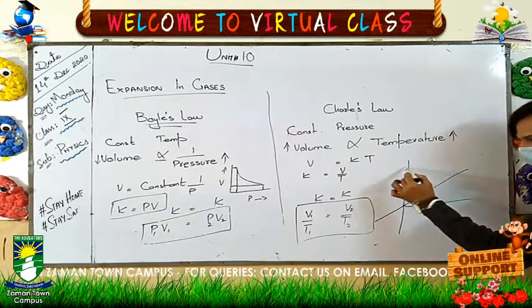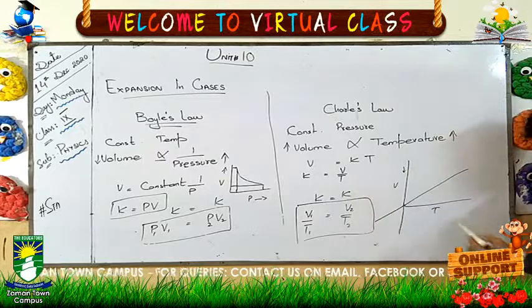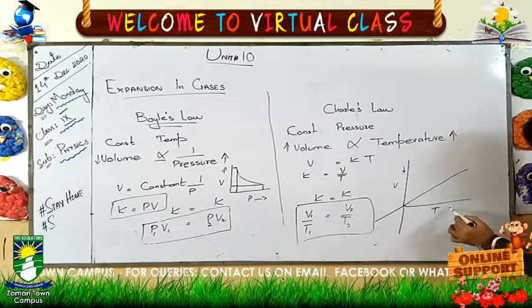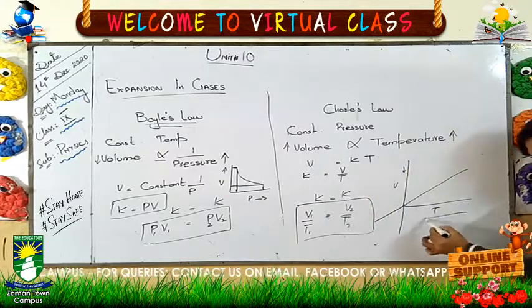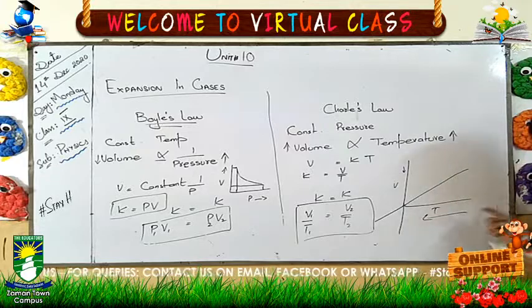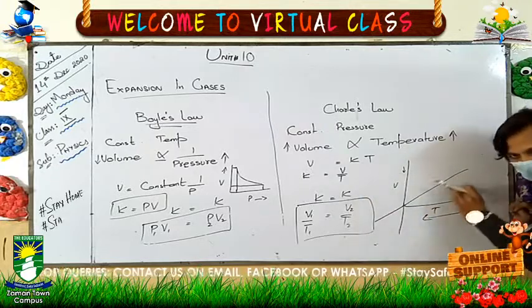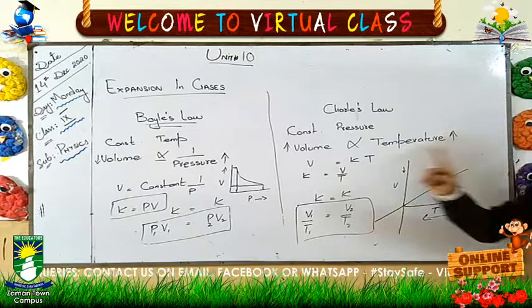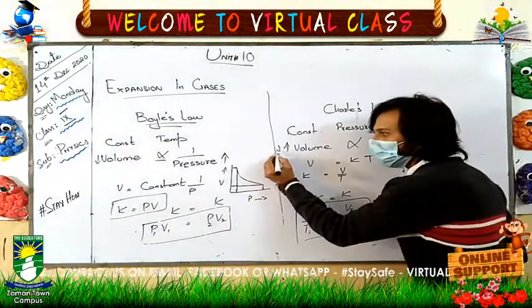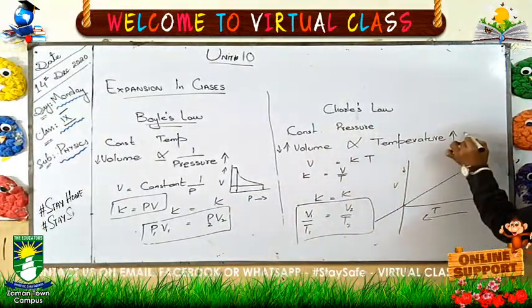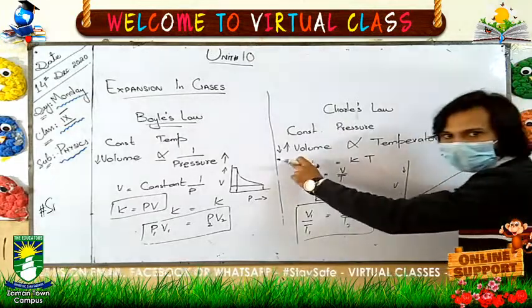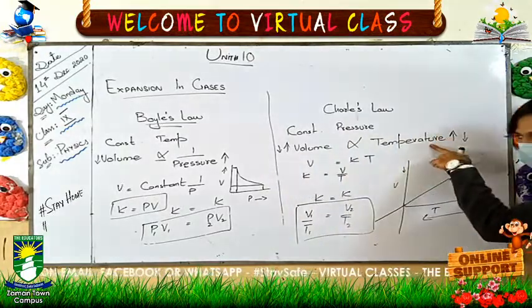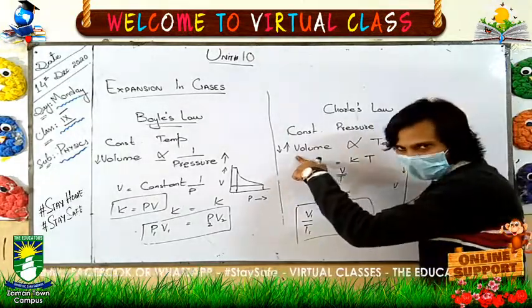So volume is decreasing, and this is the temperature. As I am moving there, it means I am decreasing the temperature. Look, volume is automatically decreasing. Directly proportional also means this, okay, as we decrease it, the same effect happens: if I decrease the temperature, volume will automatically decrease.